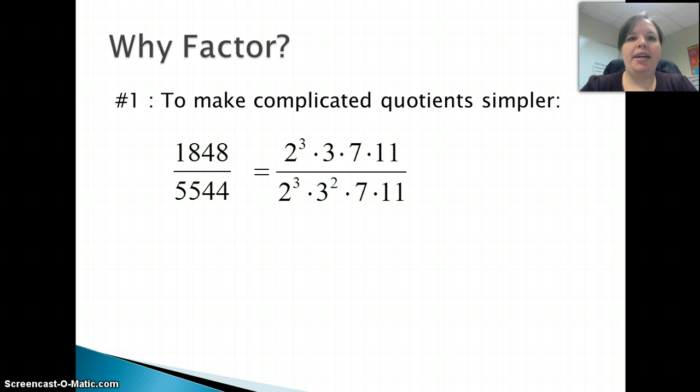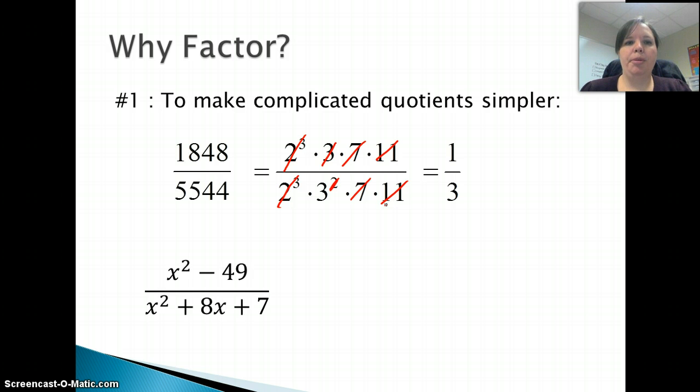To simplify this quotient, all you can do is look for common factors and cancel them out. So 7 and 7 cancel out, 11 and 11 cancel out, and you make that quotient much, much simpler. I would much rather look at 1/3 than 1,848 over 5,544.